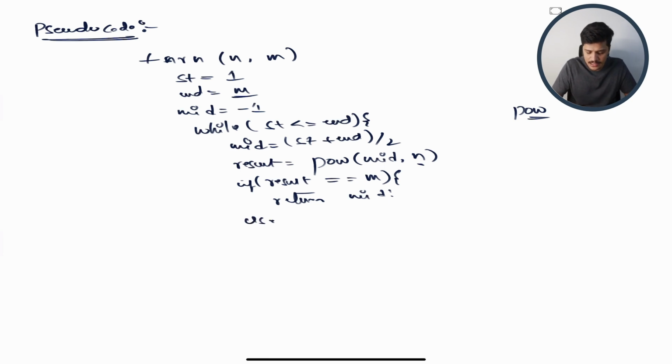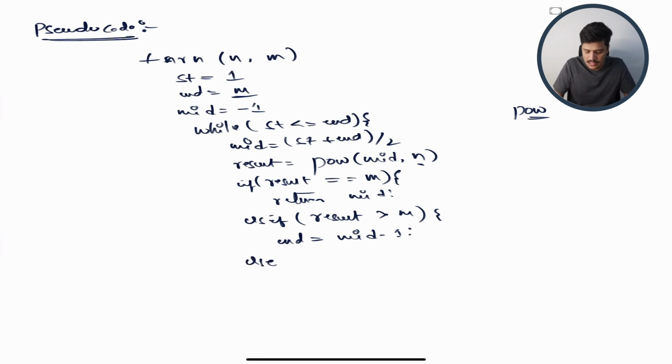If this is not the case, there are two scenarios, right? We need to search either on the left or on the right based on the result. If the result that we have gotten is greater than the value of m, that means we need to find a smaller middle. Smaller middles will be on the left of the middle that we have, so end we will update with middle -1.